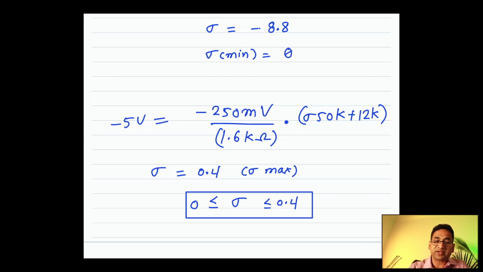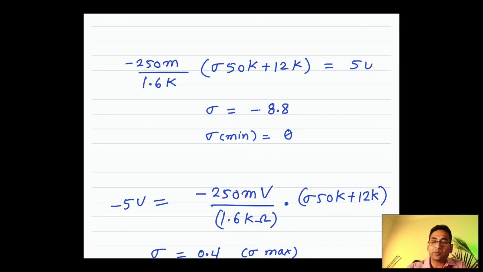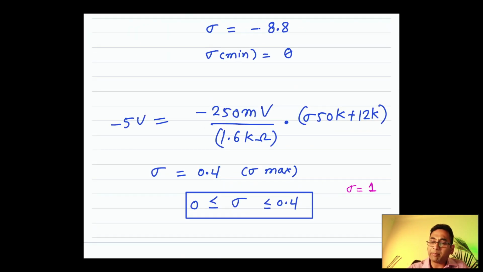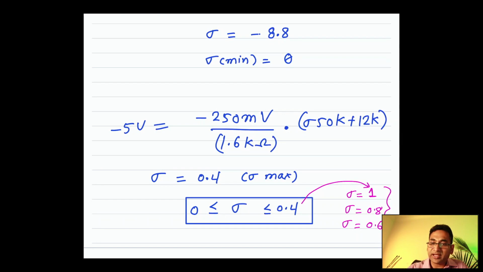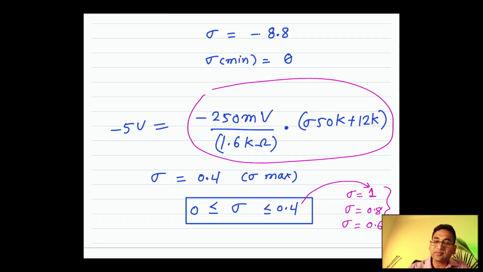Pick a value for sigma that is 1, or anything above 0.4, like 0.8. Any value above 0.4, if you plug that number into the equation here, sure enough, your op amp will saturate.